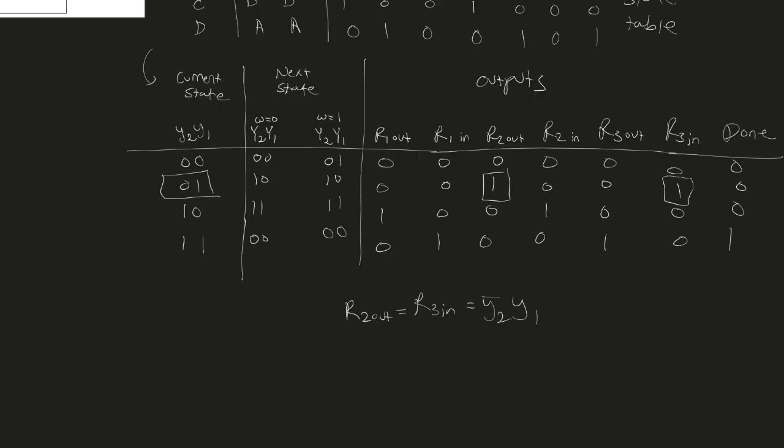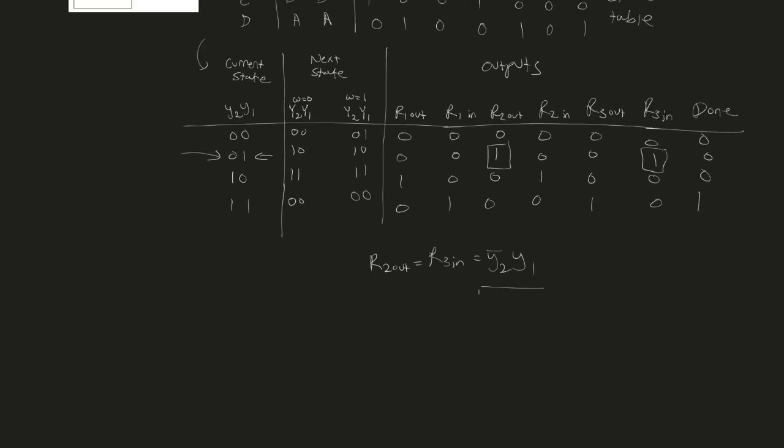Okay, so you see how that matches the case, because in this state Y2 is 0, so this displays out 1, and Y1 is 1, so this displays out 1 as well. And this equals these two. But in other cases, R1 out will not equal this, because when we put 0 and 1, we get 1, which is not the value we're trying to get.